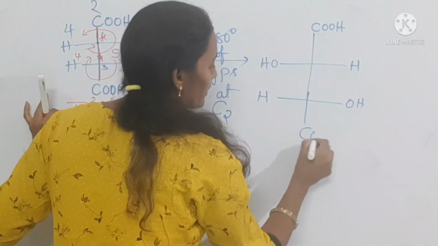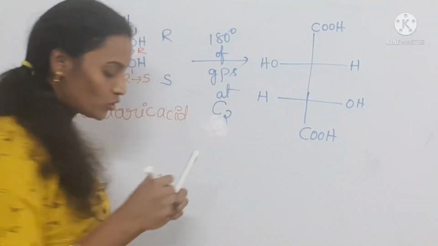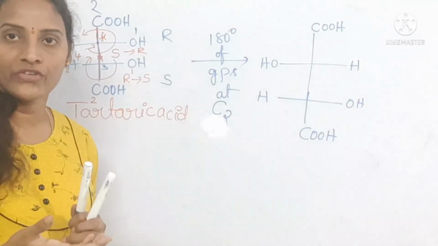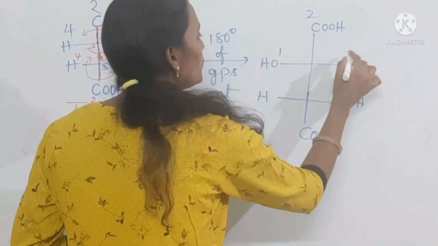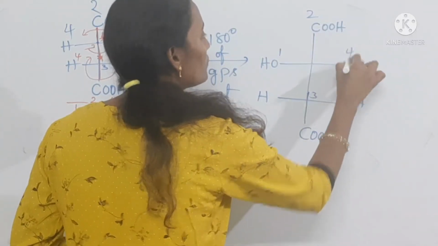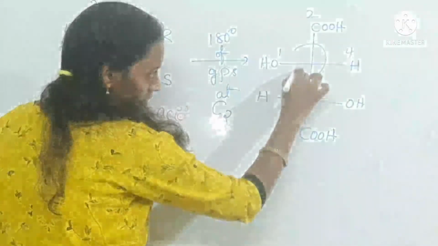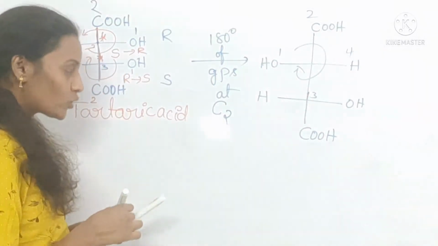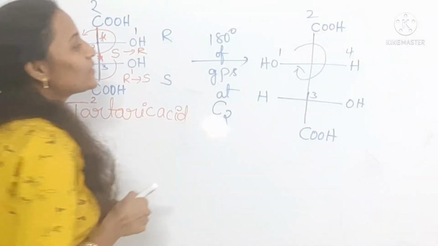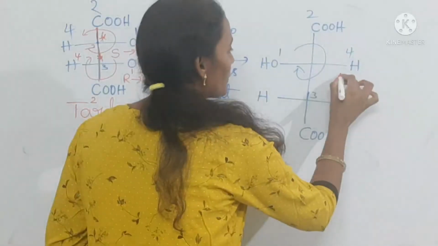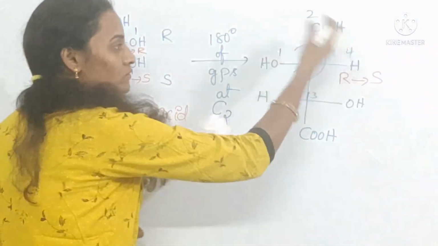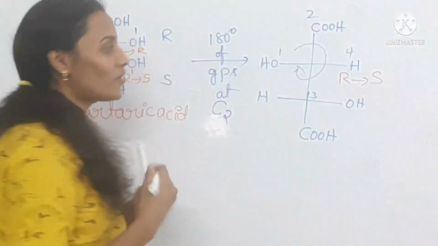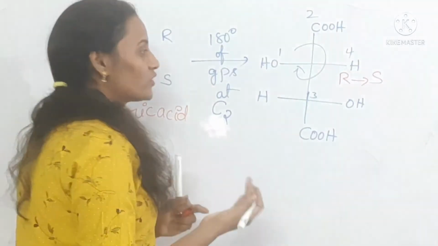Next, now you can assign configuration using priority. 1, 2, 3, 4. The plane polarized light rotates in clockwise direction, but this one becomes S. Why? Because the least priority one is on a horizontal line.